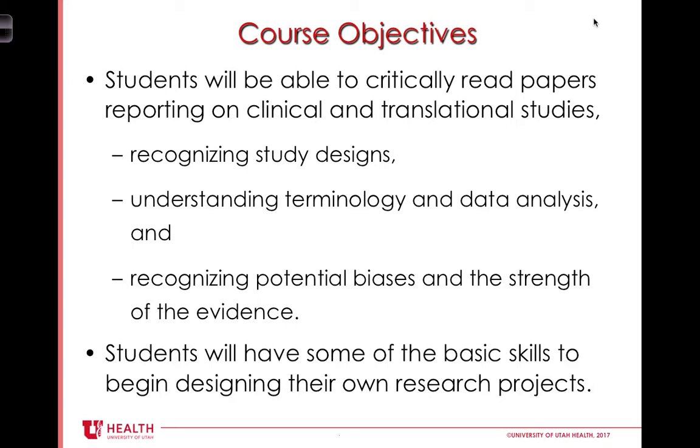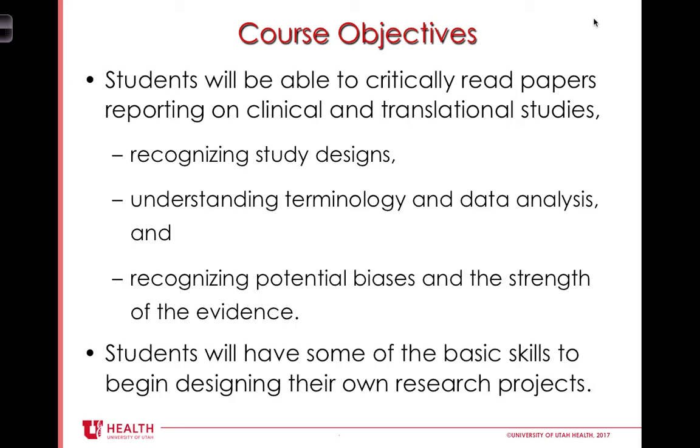So the overall course objectives are that students will be able to critically read papers reporting on clinical and translational studies. And when we say clinical and translational studies, we are referring to studies that usually have human beings as their subjects.